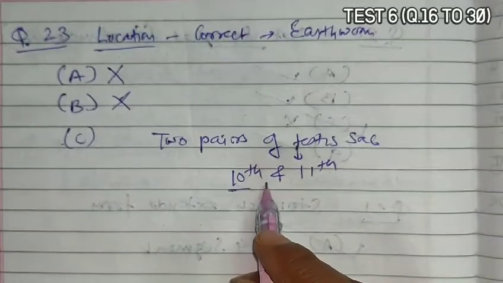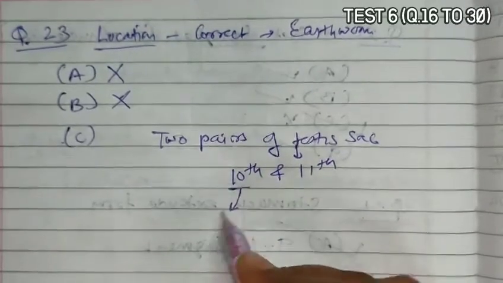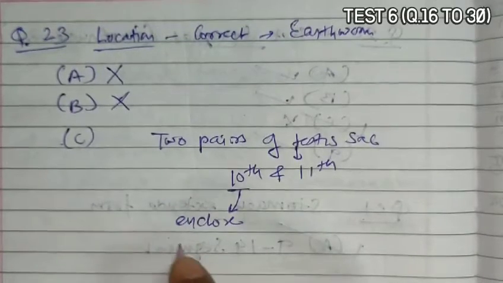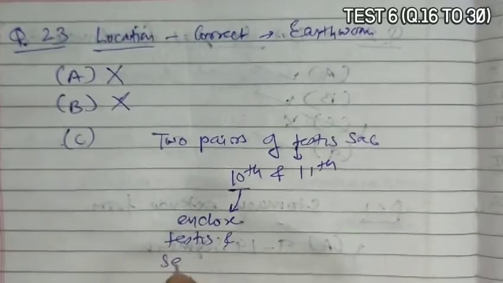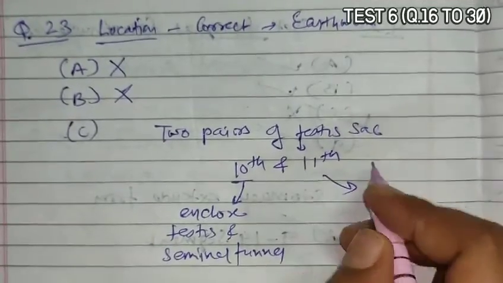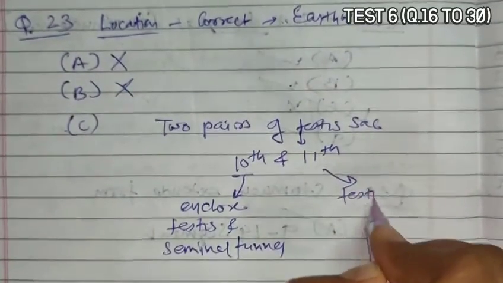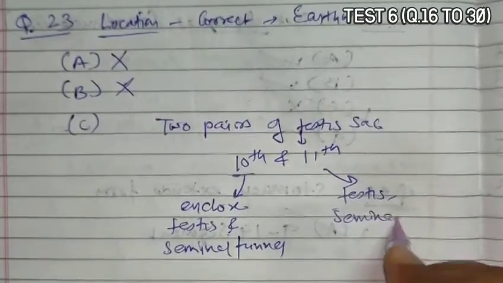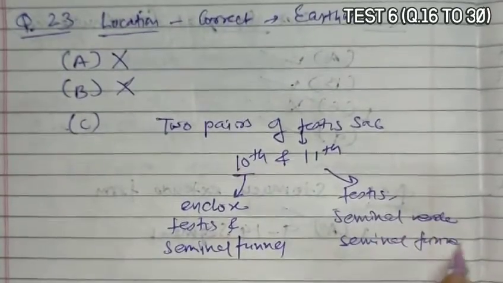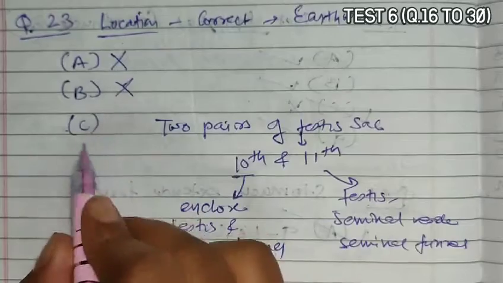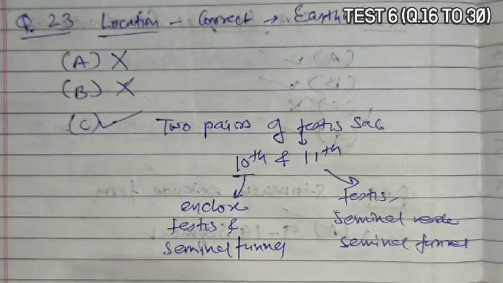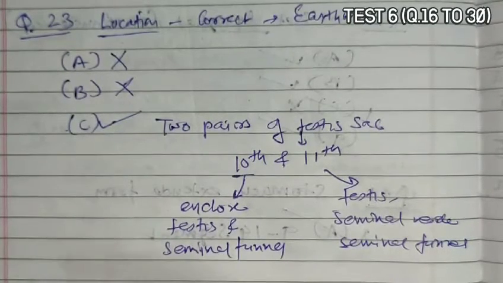Each testis sac of the 11th segment encloses the testis, a seminal vesicle and seminal funnel. So this is the correct location with respect to the testes, that is the 10th and 11th.